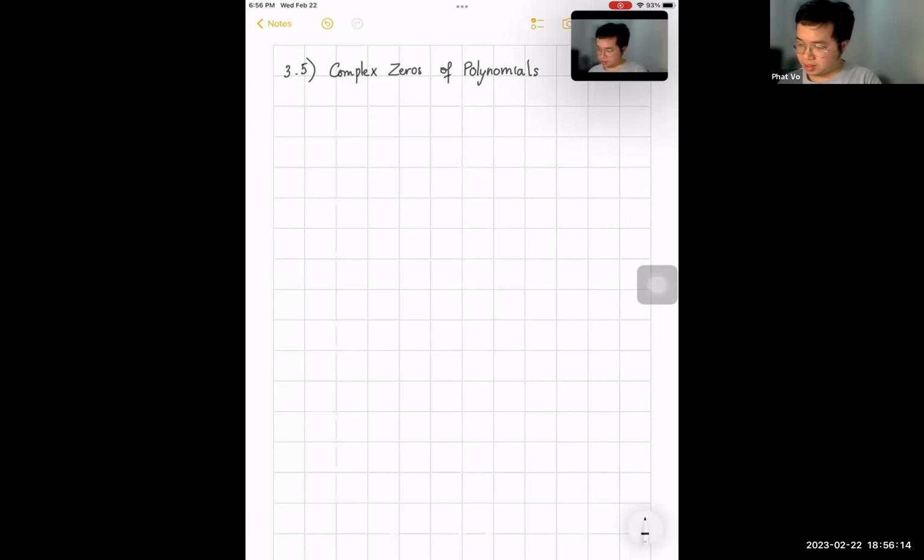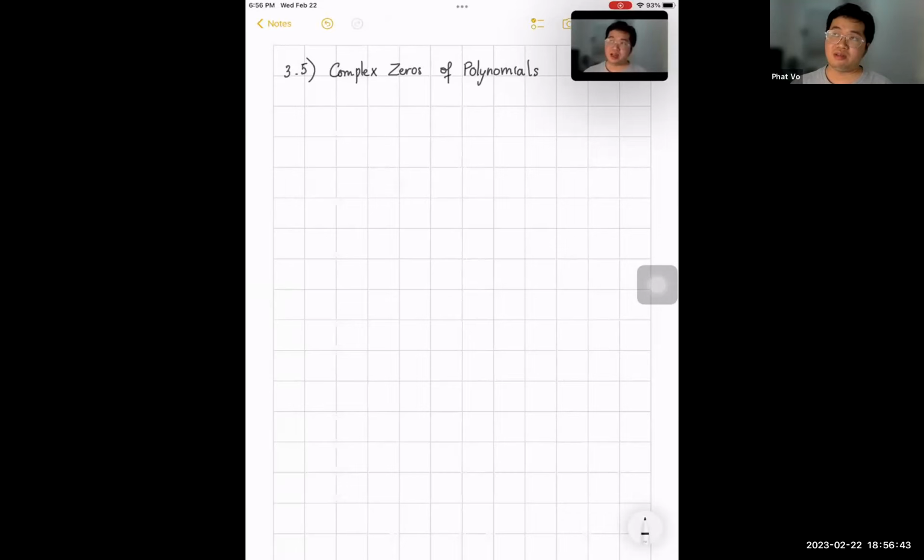Okay, so today we will continue the lectures in section 3.5, complex zeros of polynomials. In the previous class, we talked about what a complex number is, right? Today I will show you how to solve quadratic equations.